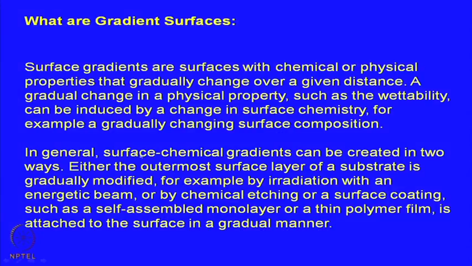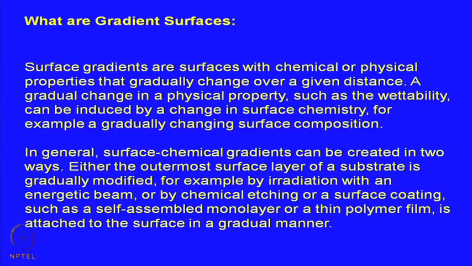In general, the way a gradient is created is either the outermost surface layer of a substrate is gradually modified, for example, by irradiation or with a beam or chemical etching or whatever, or a layer is attached to the surface in a gradual manner.